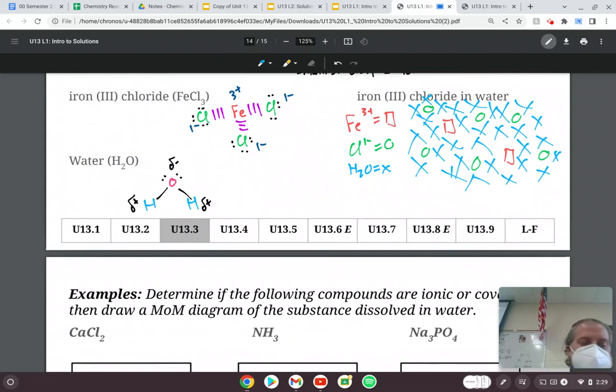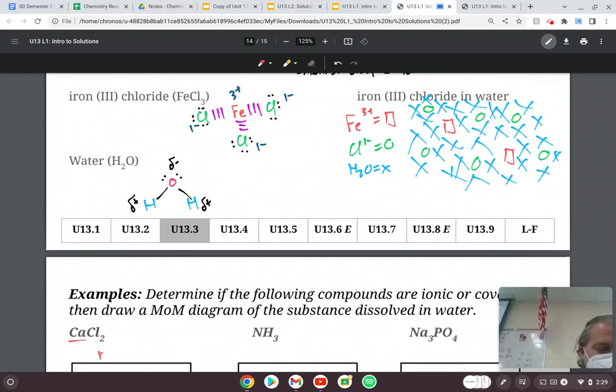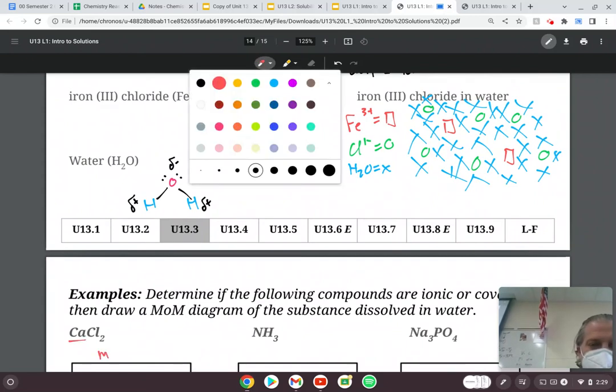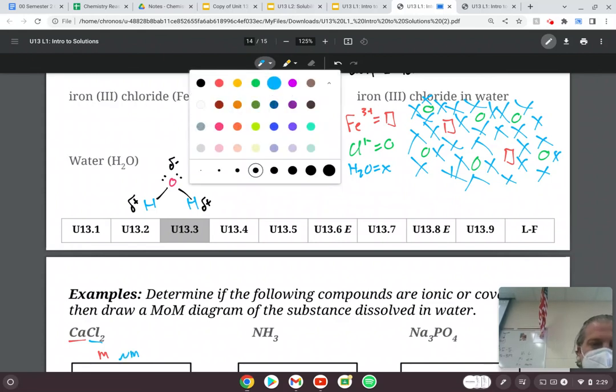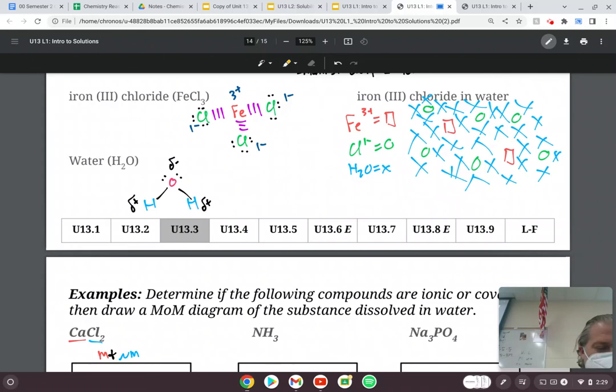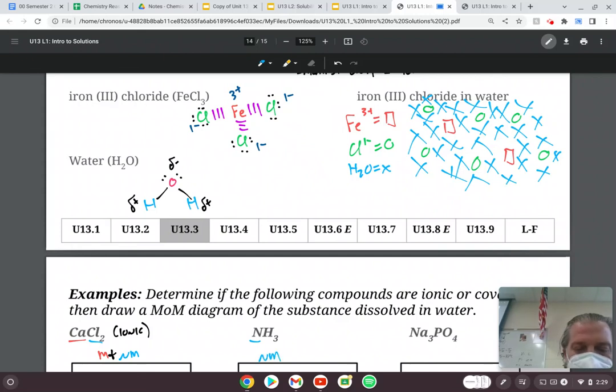Now, I can see that in the first example, I have calcium, which is a metal, and I have chlorine, which is a nonmetal. So that means that this is going to be an ionic compound. I can see that nitrogen is a nonmetal and hydrogen is a nonmetal.